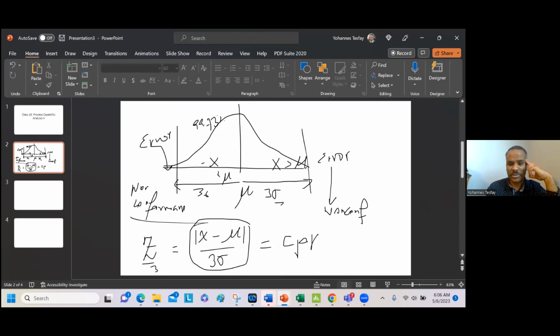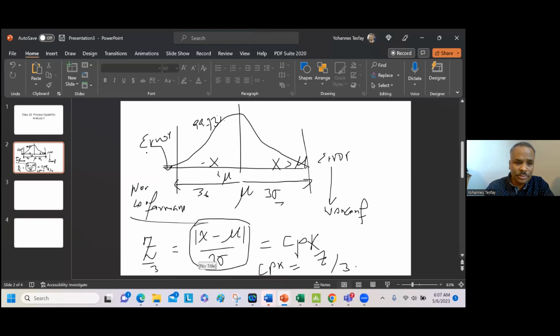So in centered distribution, CPK is equal to z-score divided by 3. So that's how we're going to make the transformation.